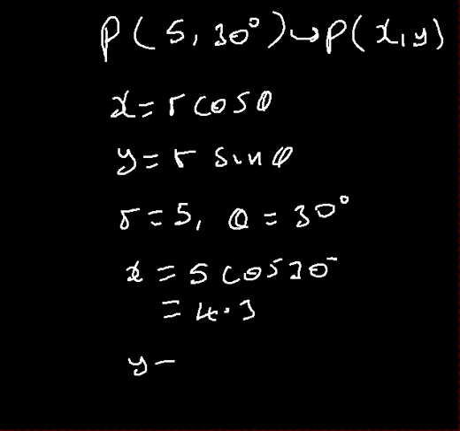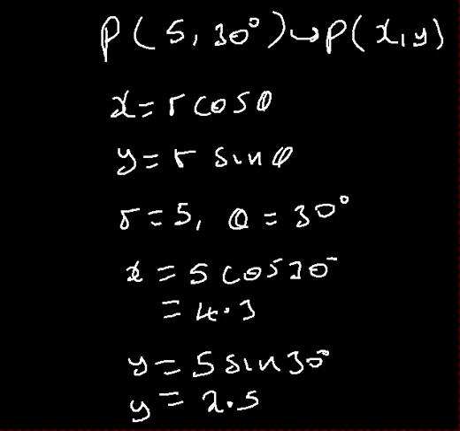And how about y? We should have it as 5 times sin 30 degrees, which is 2.5.